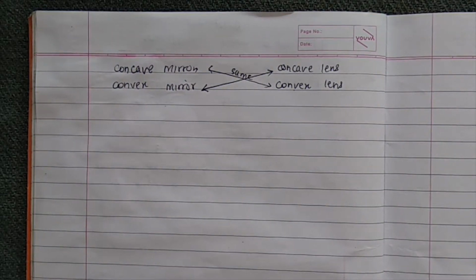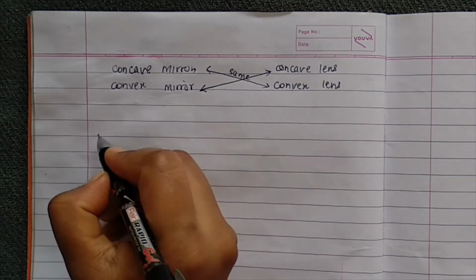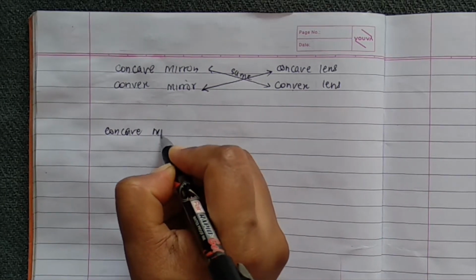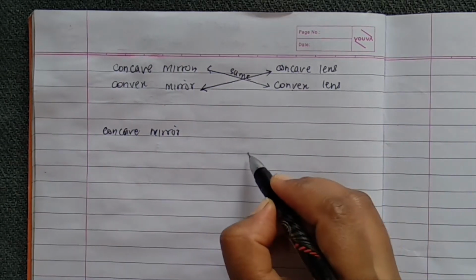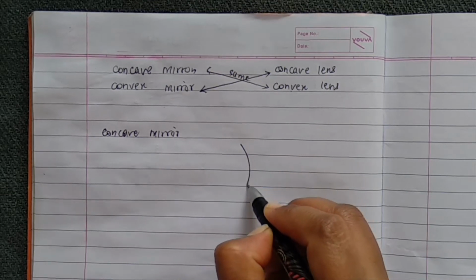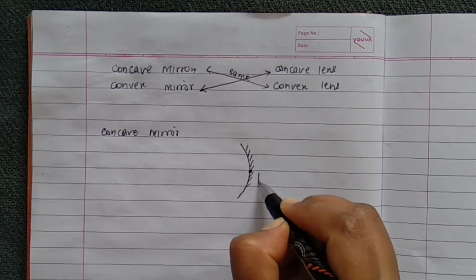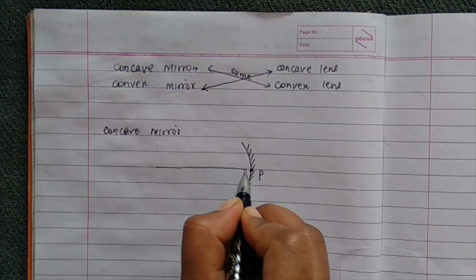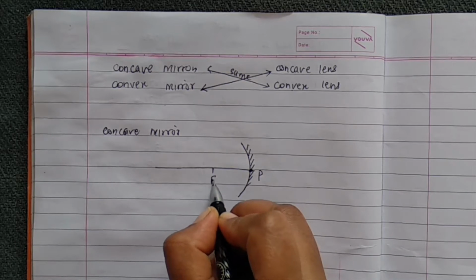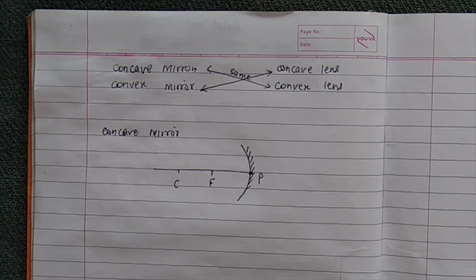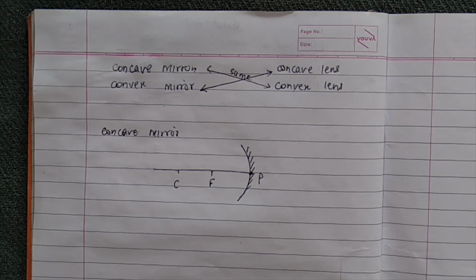So let's first see the concave mirror. So here is your concave mirror. This is pole, principal axis, focus, center of curvature. The simple rule is to mark every point and segment with the numbers 1 to 6.